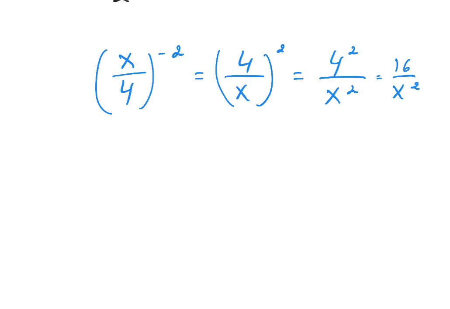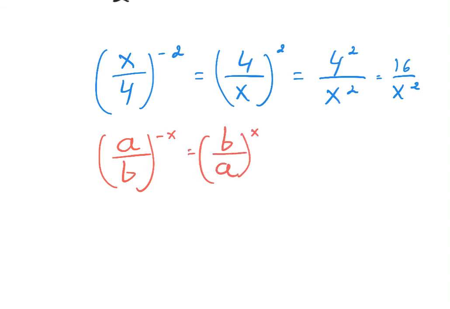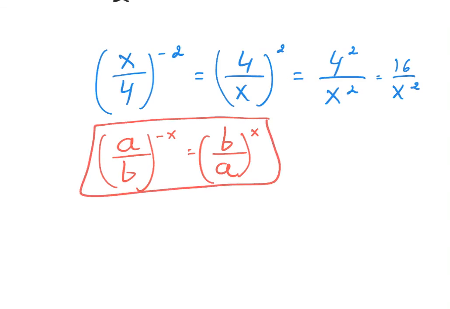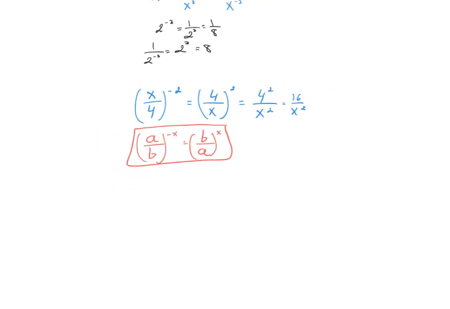So in general, if you have a over b to the negative x, it's going to be b over a to the x power. You're just going to flip the fraction to its reciprocal. Let's take another example.